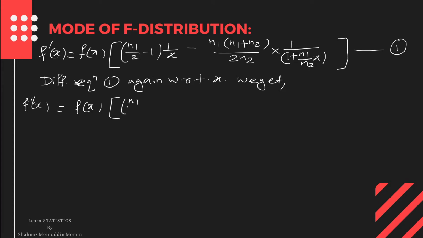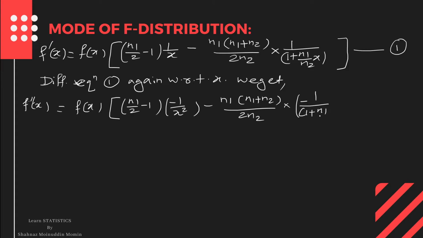First, n1 by 2 minus 1 by x square, minus n1 plus n2 divided by 2n2, into, this is minus 1 by 1 plus n1 by n2 x whole square into the derivative of 1 plus n1 by n2 x, so it is n1 upon n2. This bracket is complete.